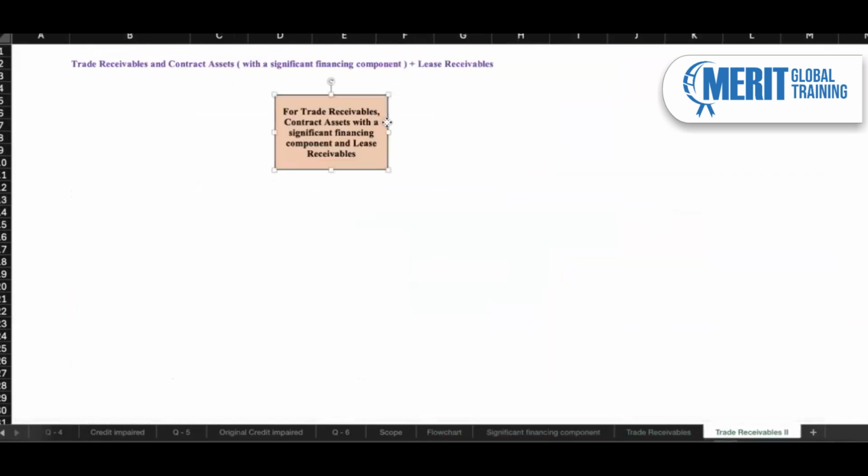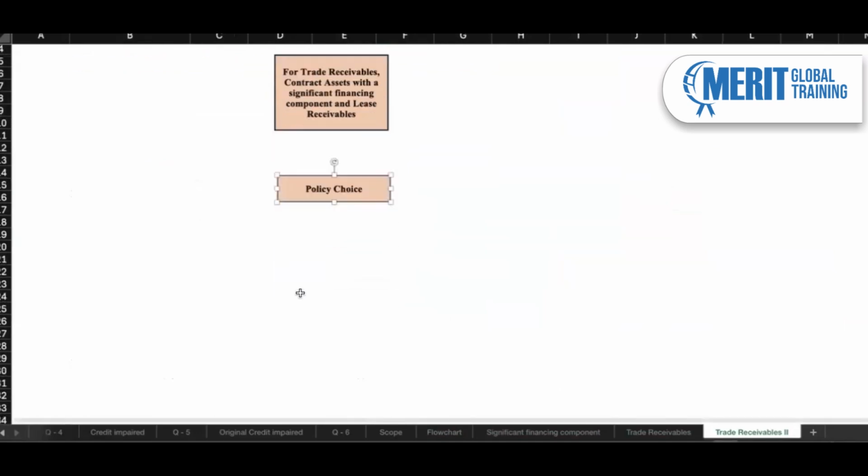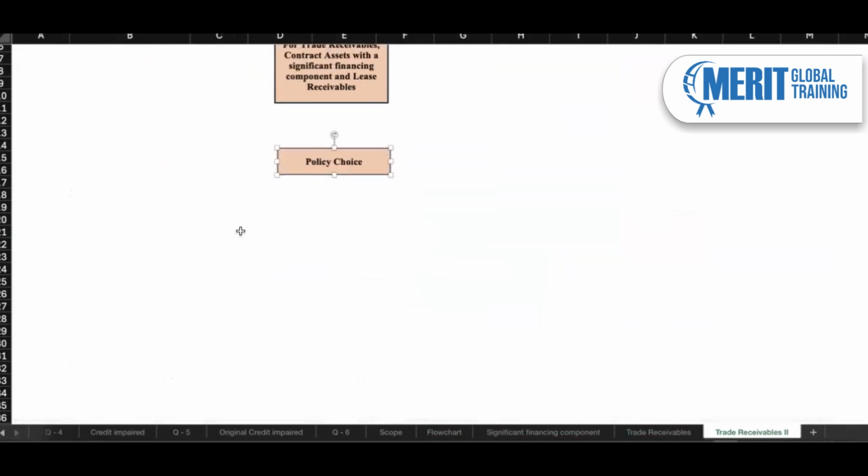So here, there is a policy choice. When I say policy choice, it automatically gives me two alternatives. Use the simplified approach.